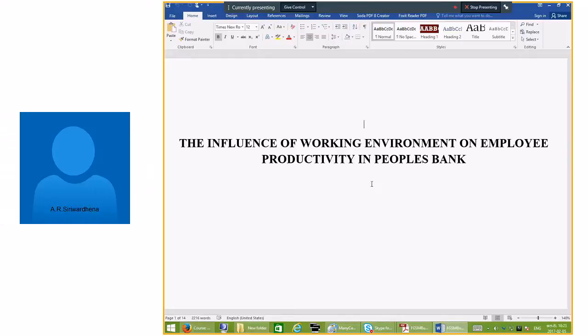My research topic is the influence of working environment on employee productivity in People's Bank. I have selected this topic because employees play a significant role in a company, especially in achieving organization objectives. It is very important to have a strong labor community. So always we have to focus on employee performance if we want to achieve our company objectives.